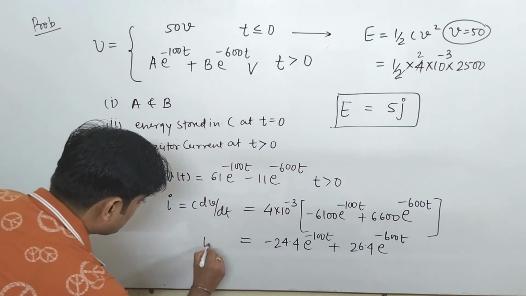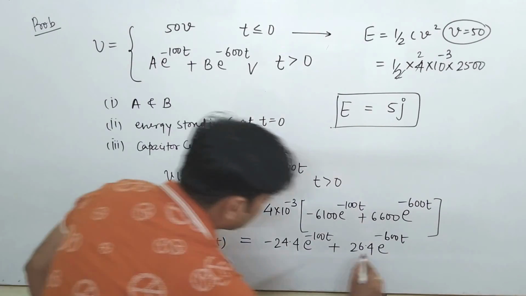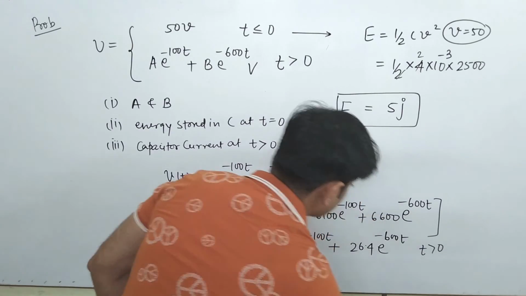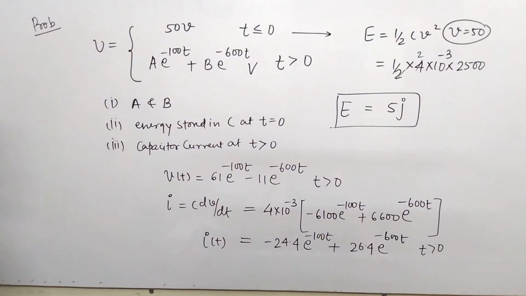This is your value of It at t greater than 0. So finally we have found the value of It at t greater than 0: minus 24.4 e to the power minus 100t plus 26.4 e to the power minus 600t.